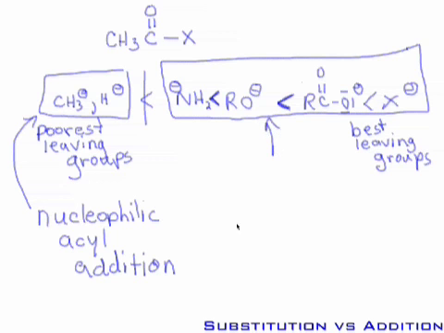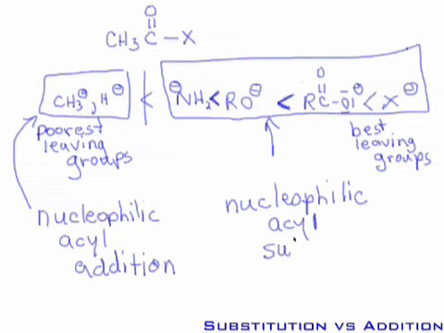The nucleophile attacks the carbonyl, but this time you kick out the X group. Because the nucleophile comes in and the X group leaves, it's substitution. So carboxylic acid derivatives differ from aldehydes and ketones in that they undergo nucleophilic acyl substitution, while aldehydes and ketones undergo nucleophilic acyl addition.